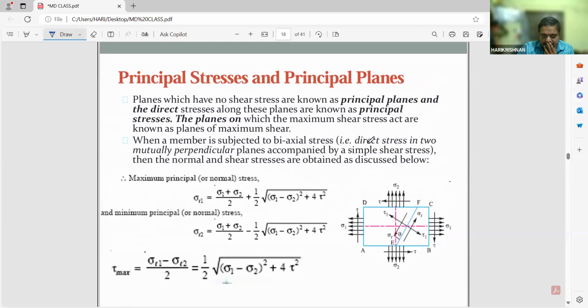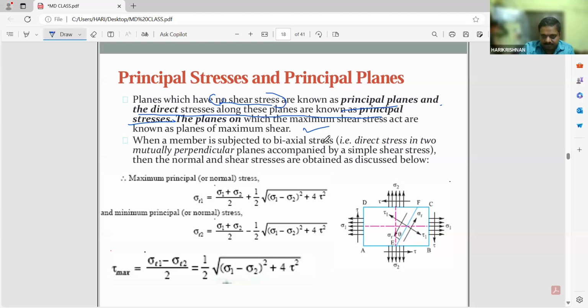Planes which have no shear stress are known as principal planes, and the direct stresses along these planes are known as principal stresses. The stresses acting on planes where there is no shear stress are known as principal stress. The planes on which maximum shear stress acts are known as planes of maximum shear.